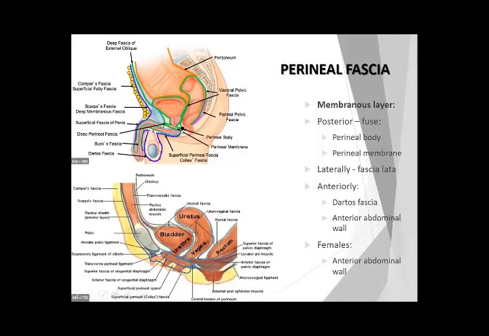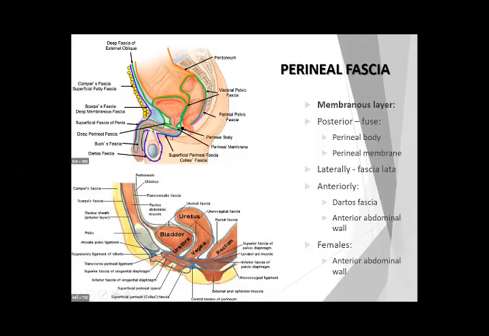Now the membranous layer posteriorly fuses with this, which is the perineal body and the perineal membrane. ठीक है? So the membranous layer posteriorly in both the genders, यहाँ भी देख लीजिए, यहाँ भी देख लीजिए, it fuses with the perineal body. Laterally on both sides, it continues with the fascia lata.